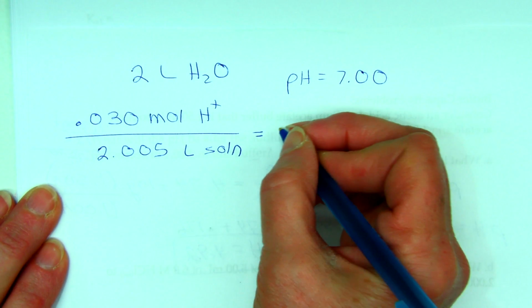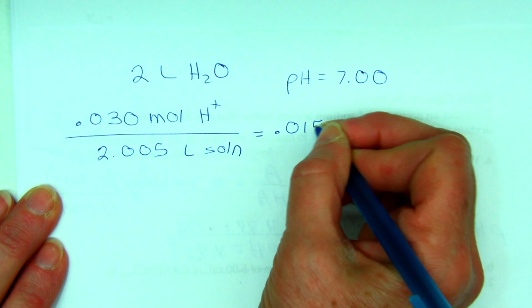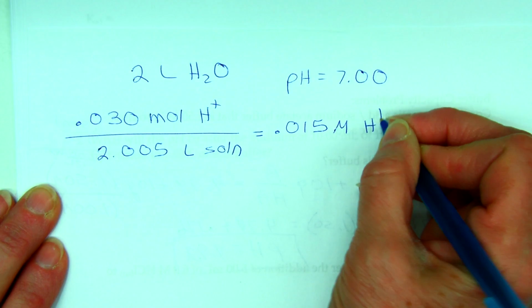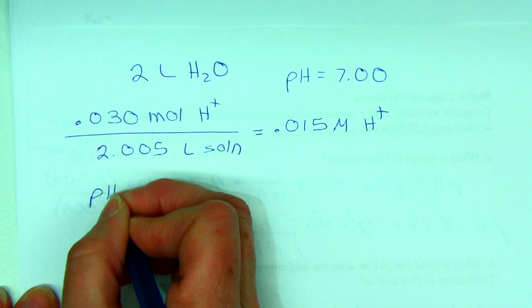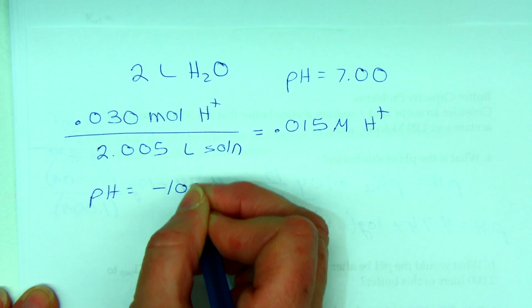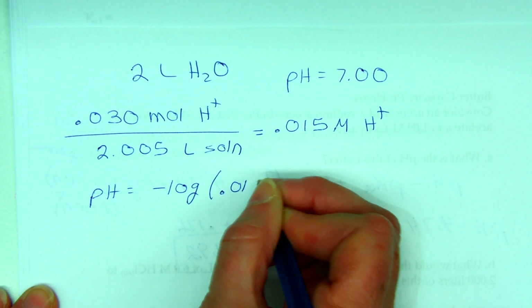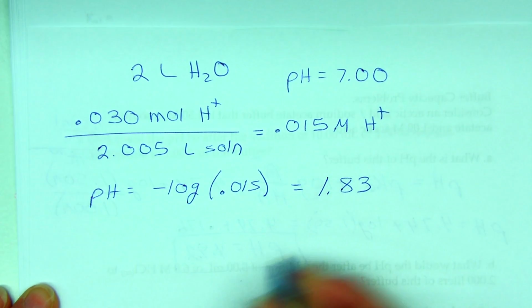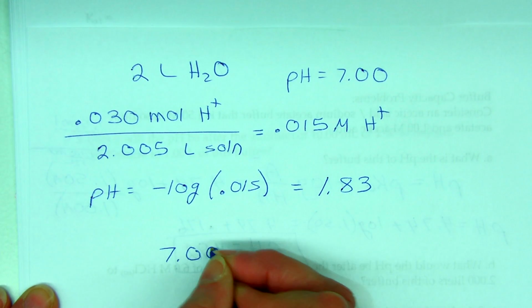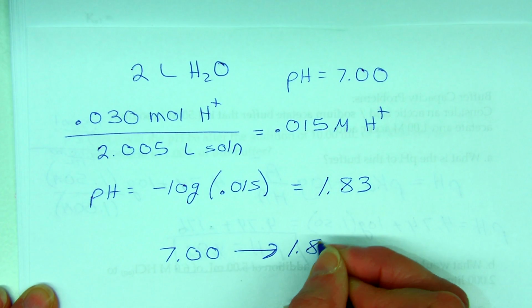So that's equal to 0.015 molar hydrogen ion, loose hydrogen ion. The pH is minus the log of 0.015, and that is 1.83. So in water, my pH went from 7 to 1.83.